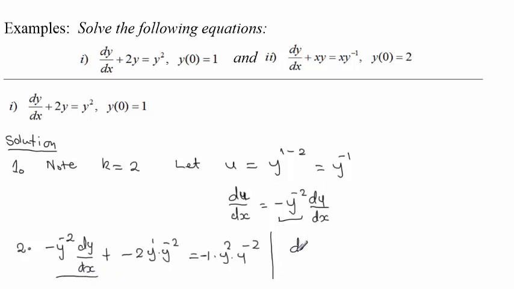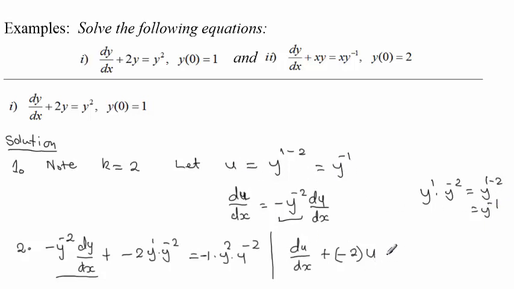Then we've got du dx plus minus 2 u, because here we've got y to power 1 times y to power minus 2, which will give us y to power 1 minus 2 equals y to power minus 1, which is our u.